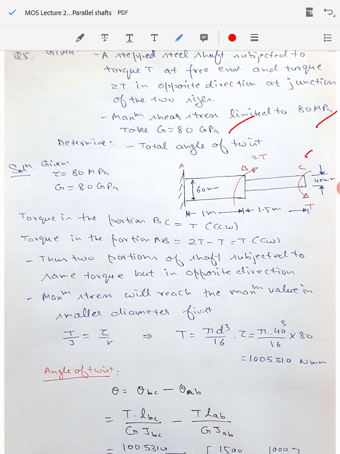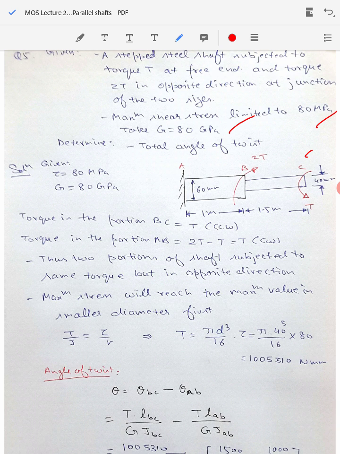The material of the shaft is the same for parts 1 and 2. That means for sections AB and BC the material is the same, with modulus of rigidity 80 gigapascal and maximum allowed shear stress 80 megapascal. You need to determine the total angle of twist of the composite shaft.